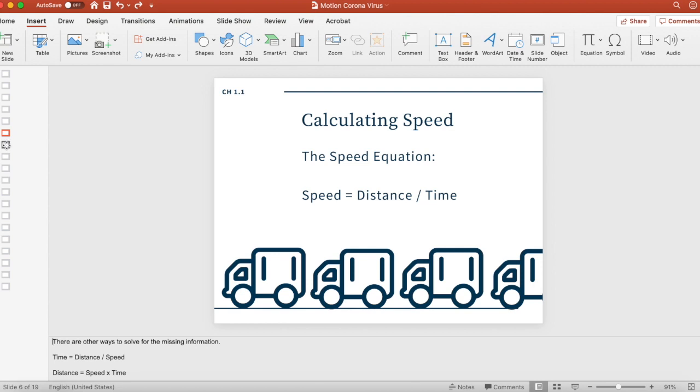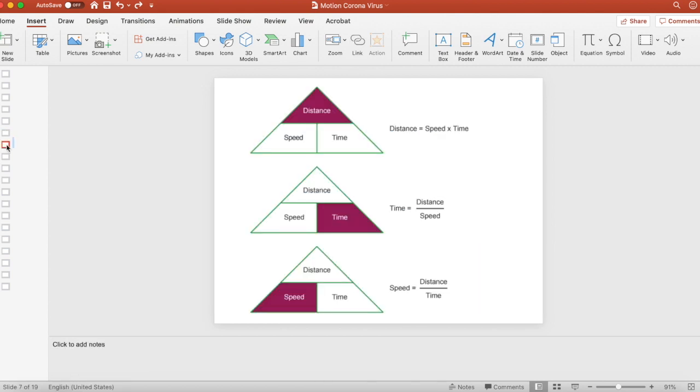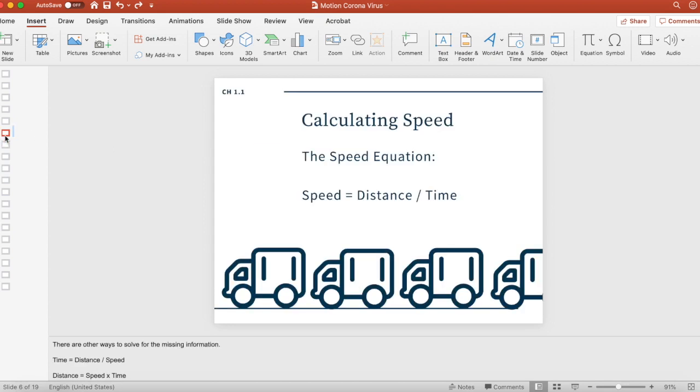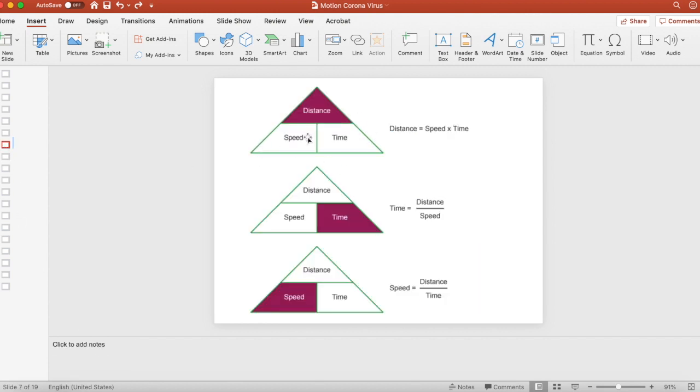So let's talk about a little easy way to remember all of this. This is something that I have found that every class that has helped everyone at some point. Some people don't like remembering all of these formulas, and they like using the formula triangle.